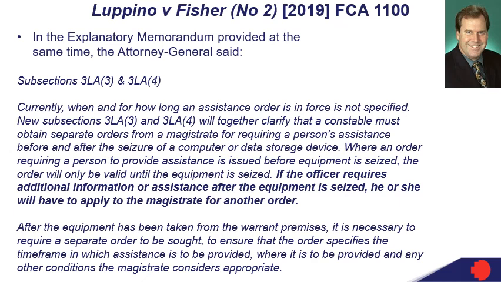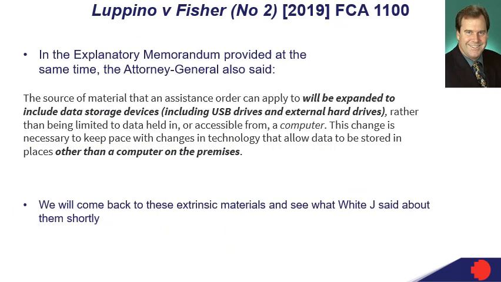So this explanatory memorandum also says the source of the material that an assistance order can apply to will be expanded to include data storage devices, including USB drives and external hard drives, rather than being limited to data held in or accessible from, like, a networked computer.